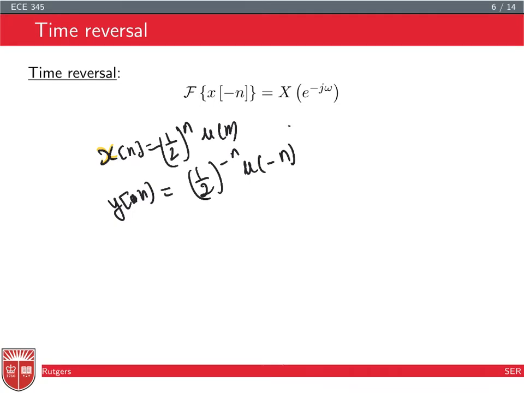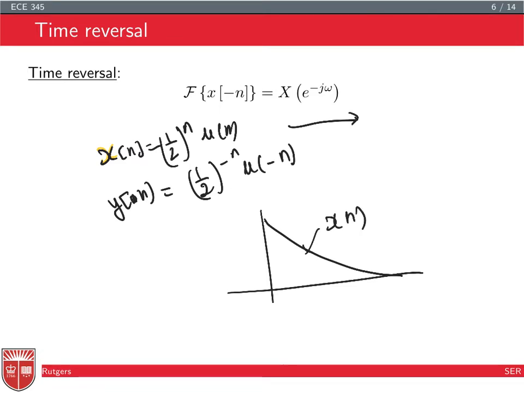If x of n looks something like this, this is x of n, then y of n is reversed. I'm going to draw it in blue here, the symmetric part of it. This is y of n.